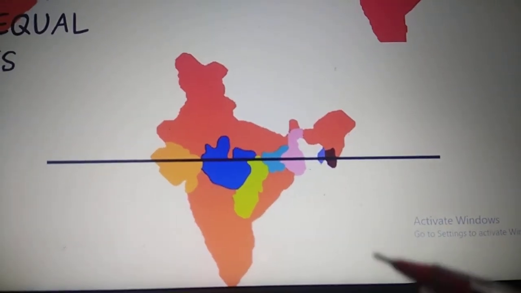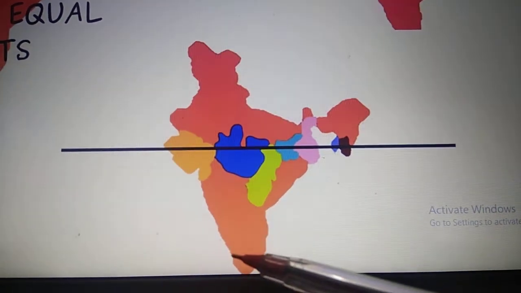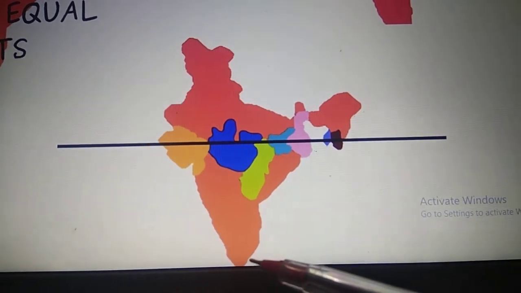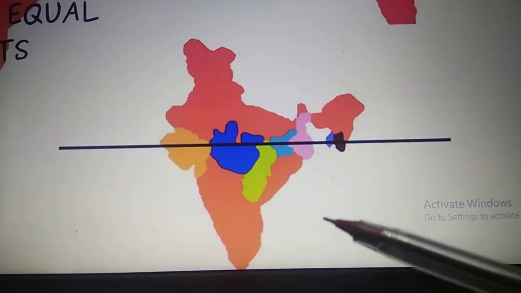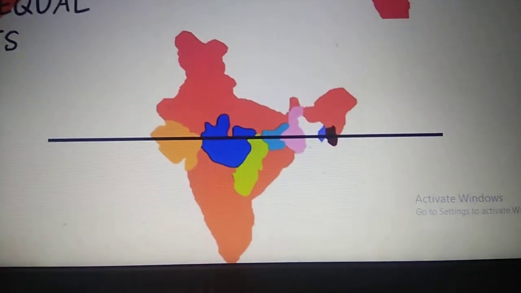Because of this tapering of India, it has separated the Indian Ocean into two seas. On the right we have the Bay of Bengal, and on the left we have the Arabian Sea.